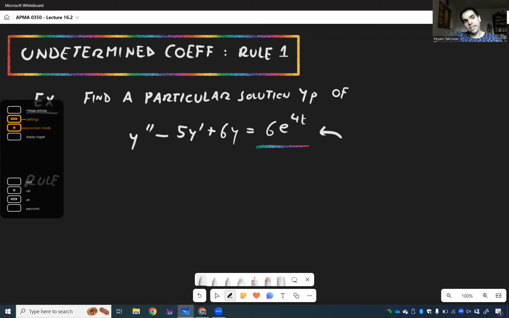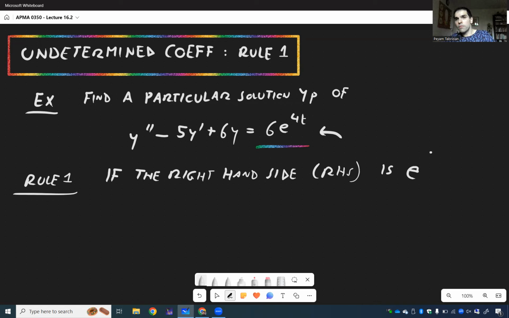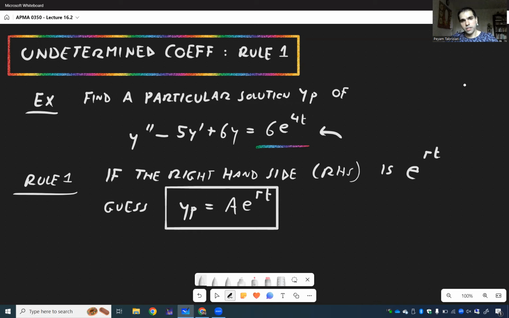The first one being, if the right-hand side, so I'll abbreviate it as RHS, is e to the something t, or like constant times e to the something t, you just guess your particular solution to be a constant times e to the something. So a times e to the rt.